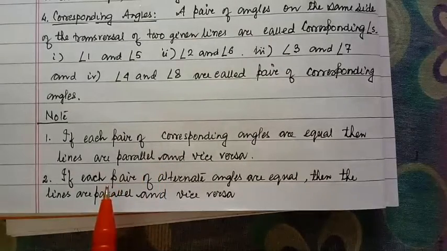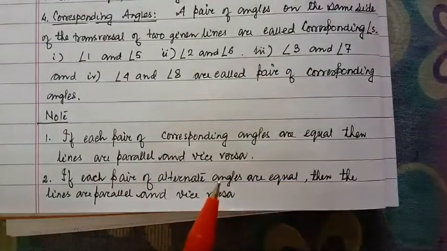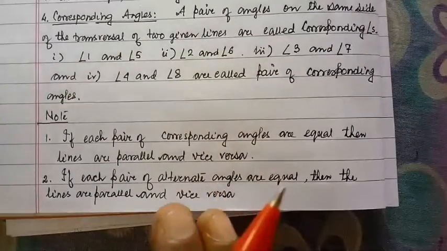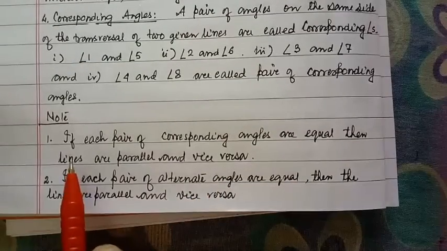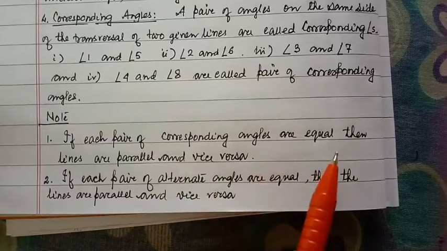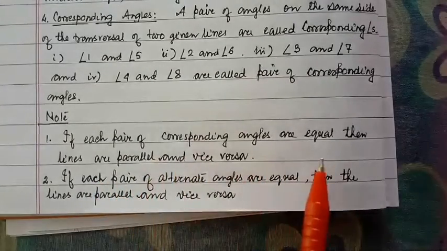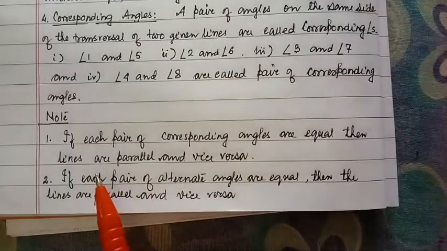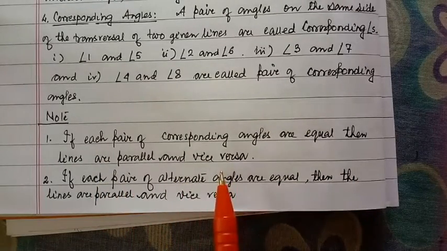Number 1, if each pair of corresponding angles are equal, then the lines are parallel, and vice versa.